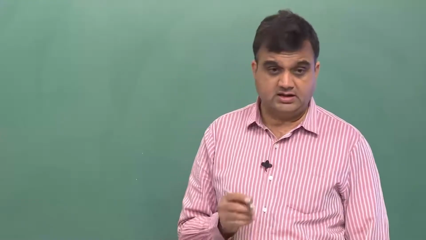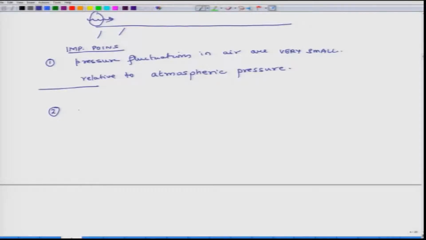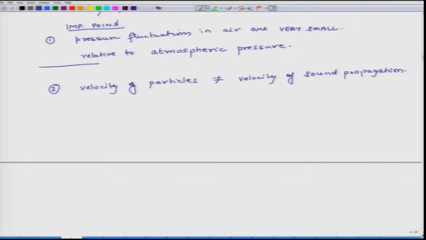So, there have to be particles for sound to propagate, and the velocity of particles is not the same as velocity of sound propagation. This is important to understand. So, with these two important points, we will get back and we will start formulating the 1D wave equation.